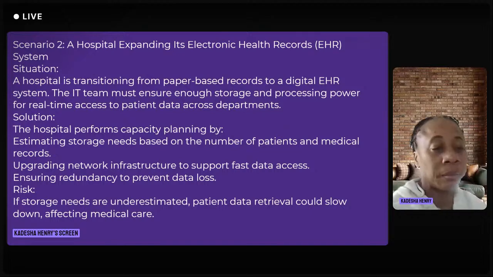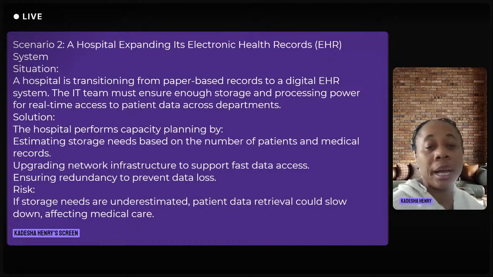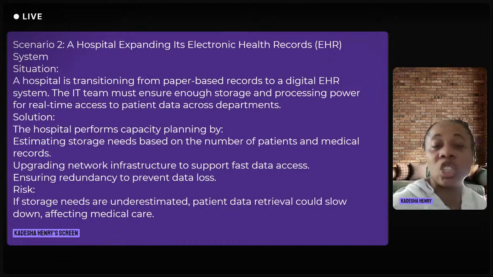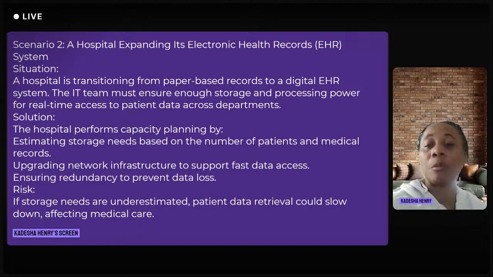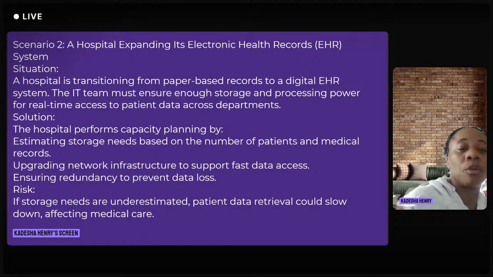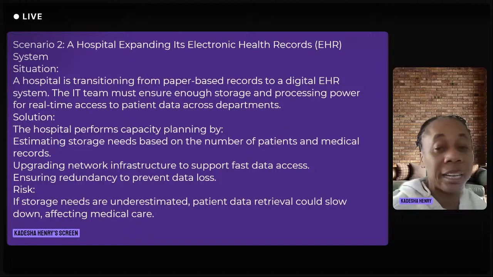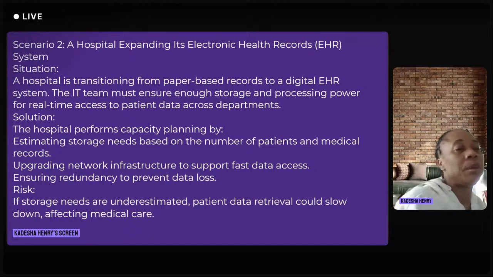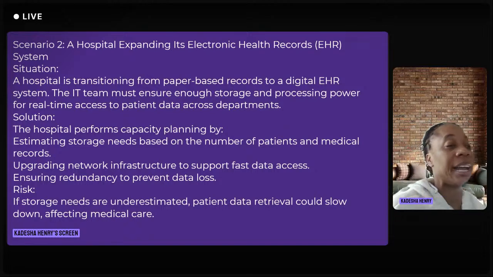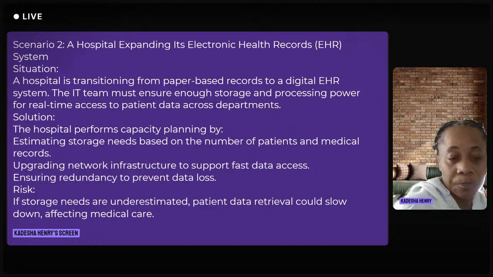The solution: the hospital can perform what is called capacity planning by estimating storage needs based on the number of patients and medical records. They will have to upgrade the network infrastructure to support fast data access, because if so many people are accessing the network and it does not have the scalability, it's going to crash.